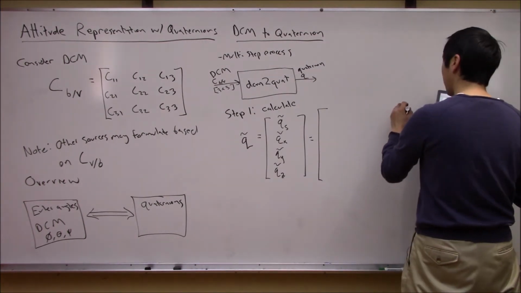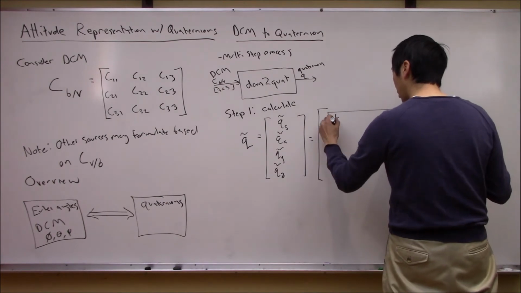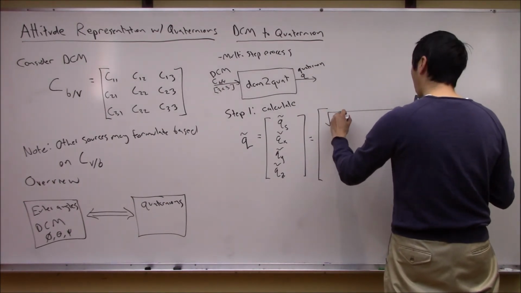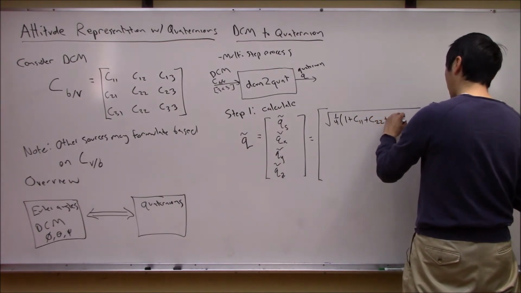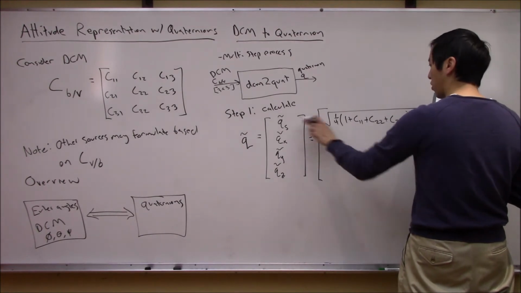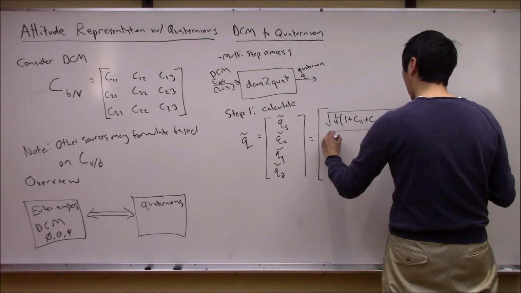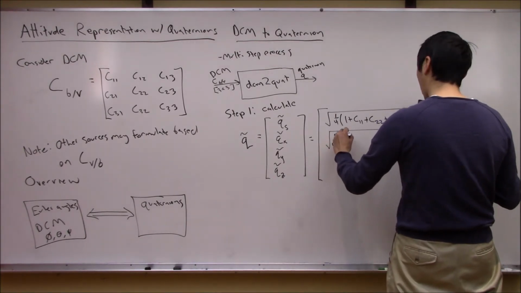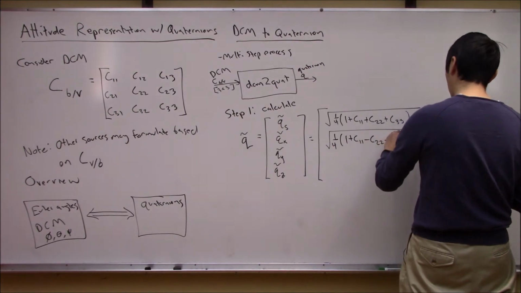This first element is the square root of 1/4 of 1 plus C11 plus C22 plus C33. So basically, 1 plus the trace of the DCM is this first term. The second term is the square root of 1/4 of 1 plus C11 minus C22 minus C33.